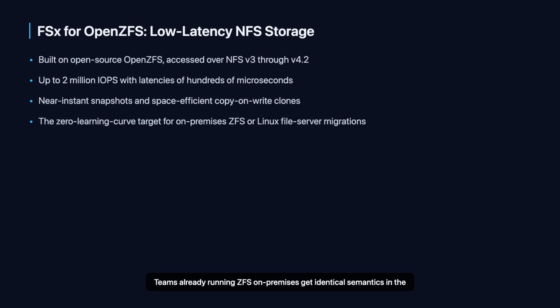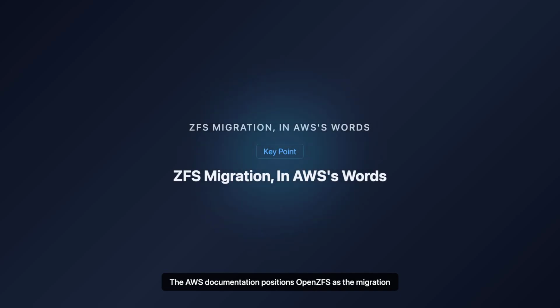Teams already running ZFS on premises get identical semantics in the cloud, same snapshots, same clones, same permissions, with essentially zero learning curve. The Amazon Web Services documentation positions OpenZFS as the migration path. It makes it easy to move data to Amazon Web Services from on-premises ZFS or other Linux-based file servers without changing your application code or how you manage data.